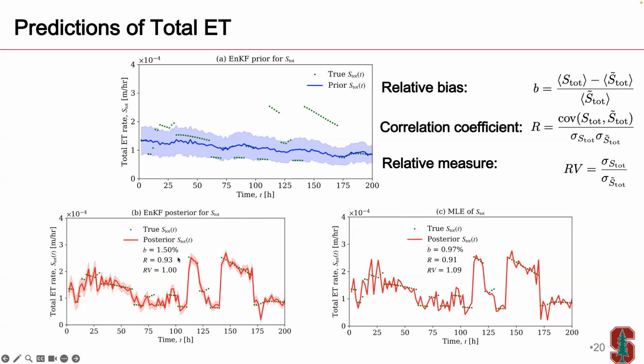The ensemble Kalman filter performs a little better than the MLE, even though the bias is a little higher, because it has a correlation coefficient and relative measure that are closer to 1 than the MLE. So our 2 methods, the ensemble Kalman filter and MLE, provide a pretty accurate estimation of the total evapotranspiration rate.